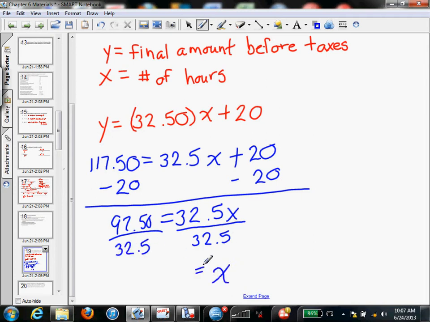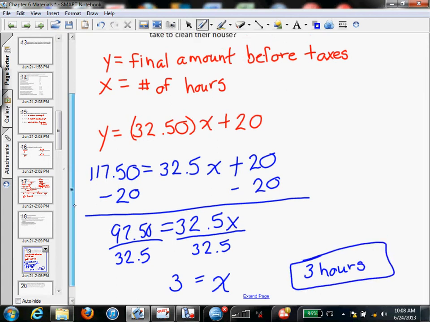And when we do that, you're going to see that this fraction is equal to 3. So that means that the housekeepers were there for 3 hours. And that is how you solve a problem that looks like that.